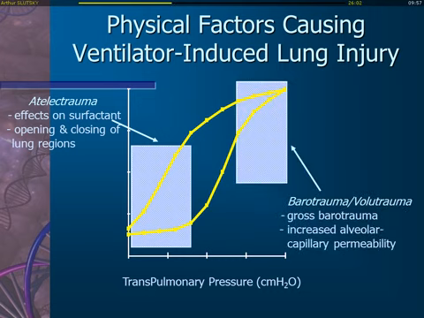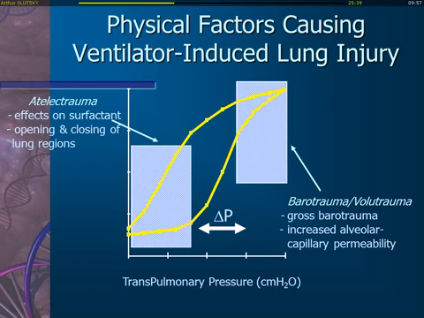There's also injury at high lung volumes, gross barotrauma, and increased alveolar capillary permeability due to ventilation at high lung volumes. And there's also some evidence, not as yet published, that maybe the change in pressure between inspiration and expiration is the key driver of what's causing lung injury. I'm not going to talk about that any further.